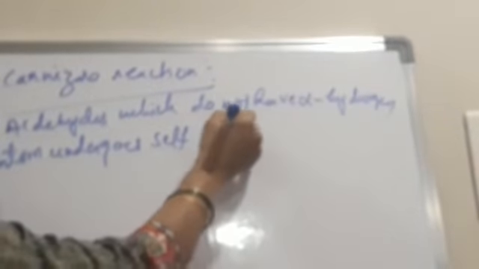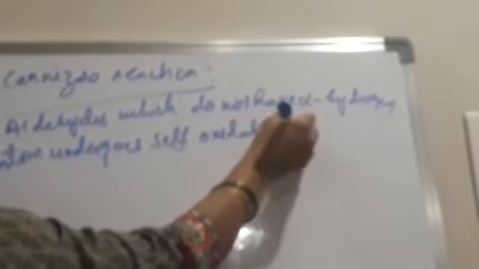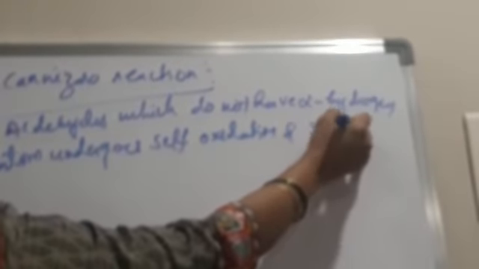So in Cannizzaro reaction, aldehydes which do not have alpha hydrogen atom undergo self-oxidation and reduction in presence of alkali.